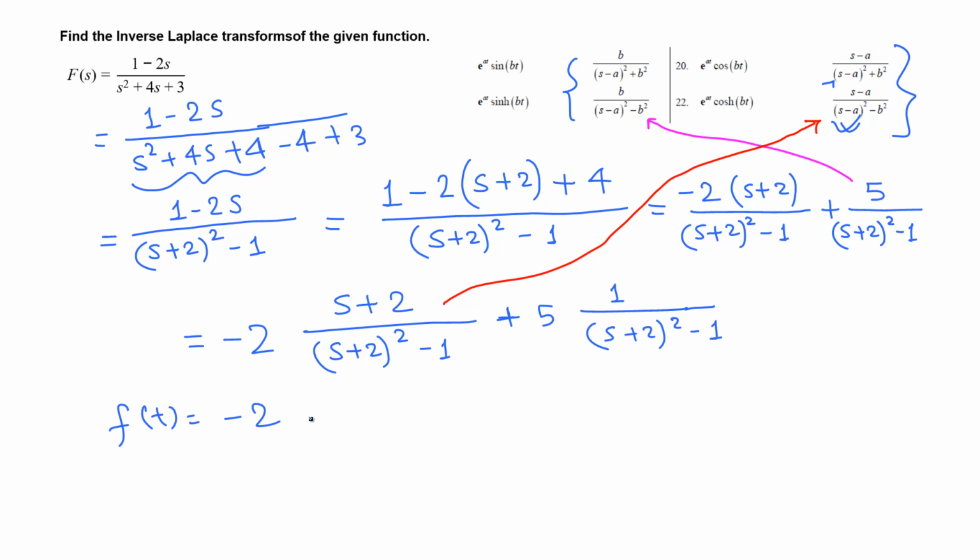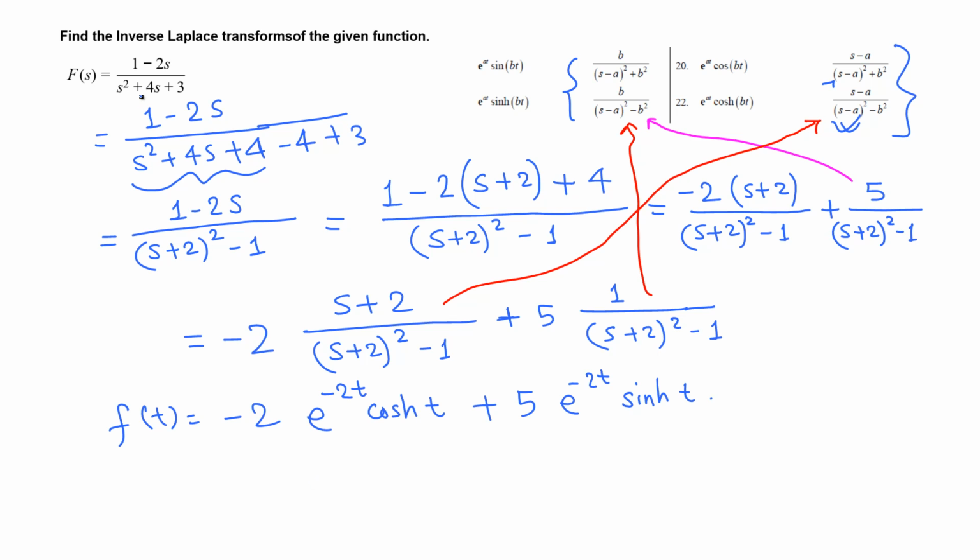So that's e raised to a, a is negative 2t, cosh bt, b is 1, so cosh t, plus 5 times this one, like here. Same thing with sine. So e raised to negative 2t sinh t.